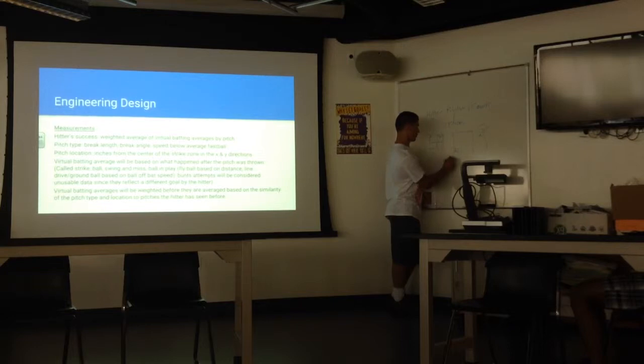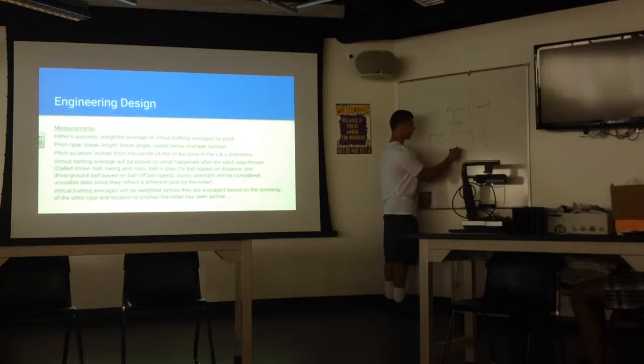But what it does is it takes the weighted average, weighted based on how similar one pitch is to another. It takes the weighted average of all the pitches thrown within a certain distance, say 6 inches of this pitch. The ones that were really close to here will be taken into account more and given a higher weight.